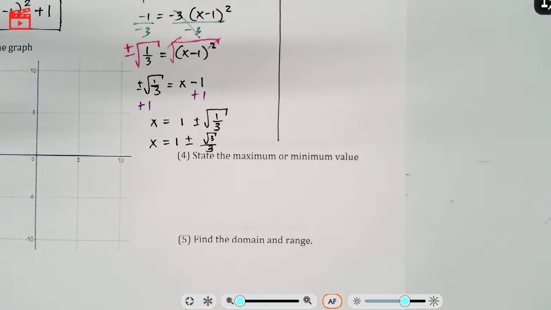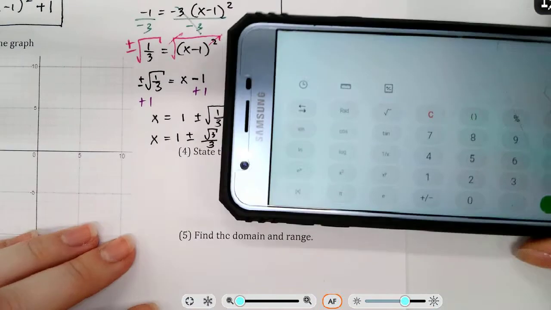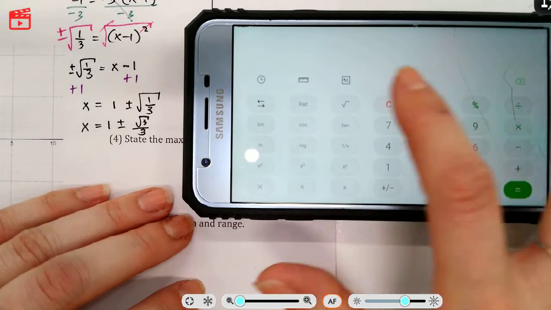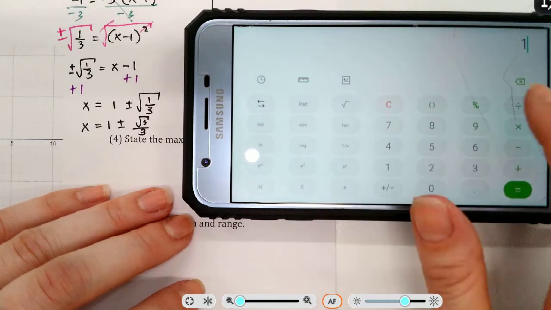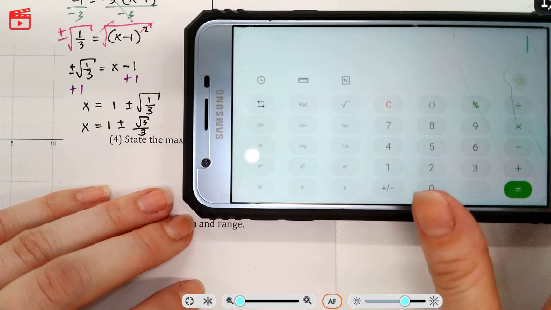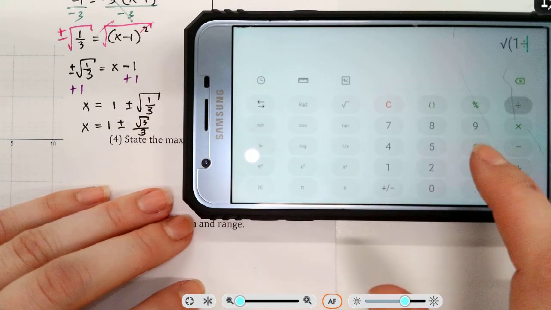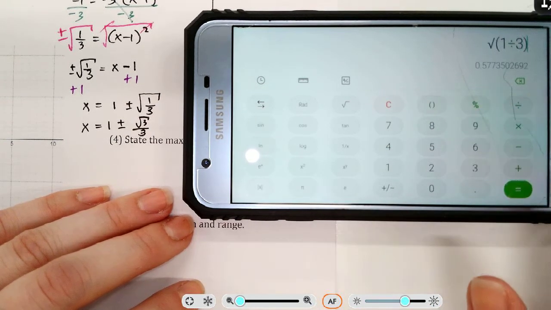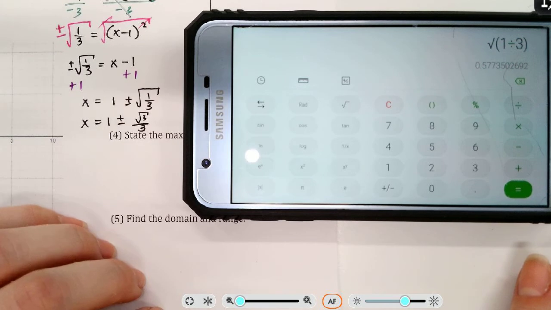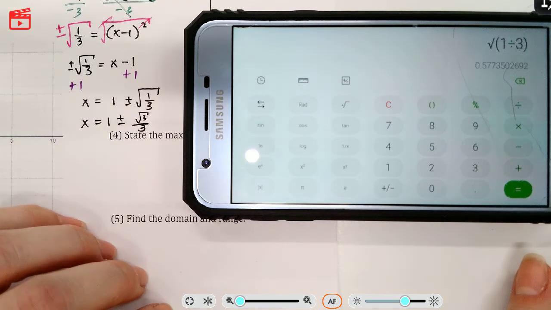Ooh, gotta go into the other mode here. Okay. Square root of 1 divided by 3. All right, that is going to be 0.5, so a little more than half.